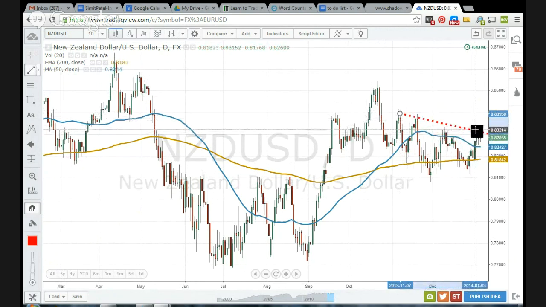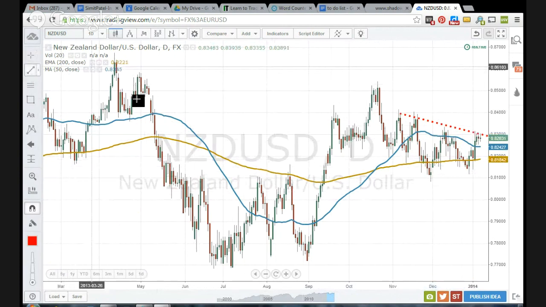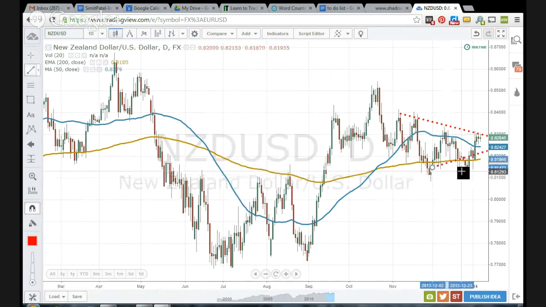Let's get this trend line. Okay, so we have that, and then we also have from the bottom. This didn't work.